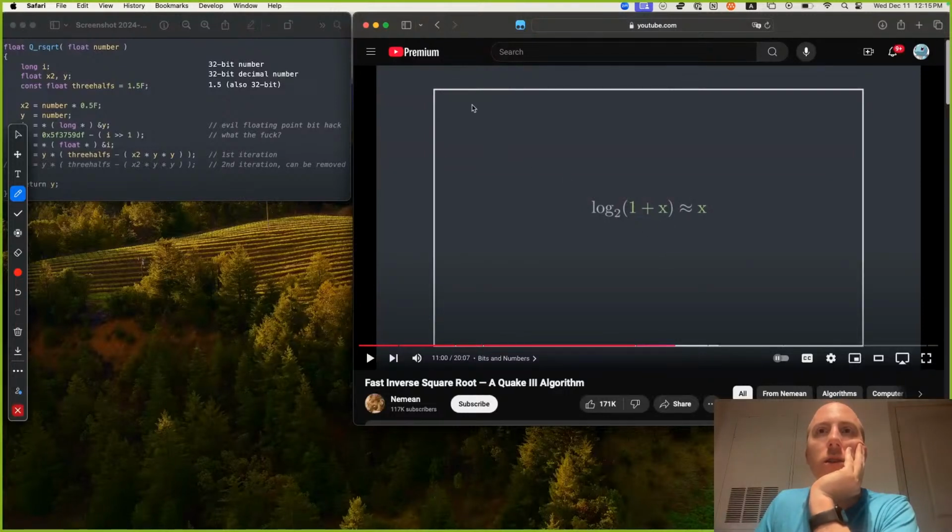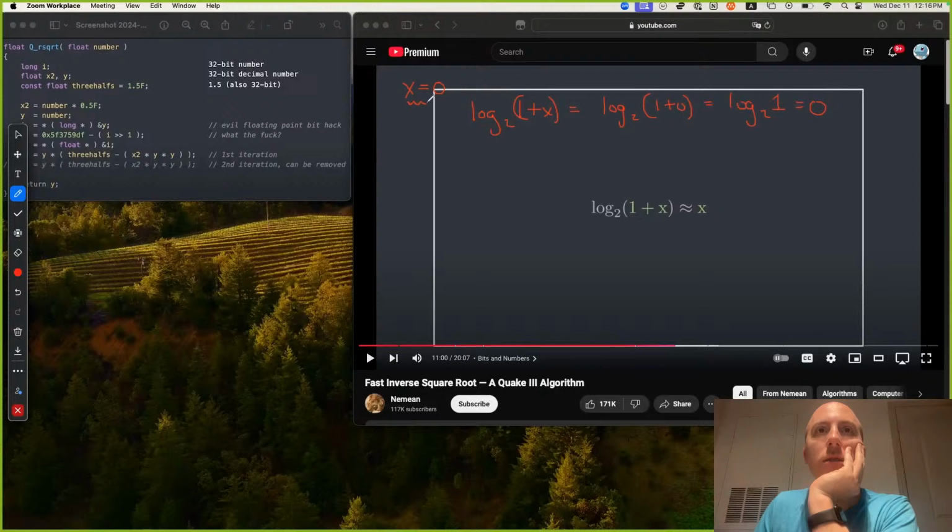So let's see what he said. Let's consider when x is equal to 0. Log base 2 of 1 plus x is equal to log base 2 of 1 plus 0, which is log base 2 of 1, equal to 0.